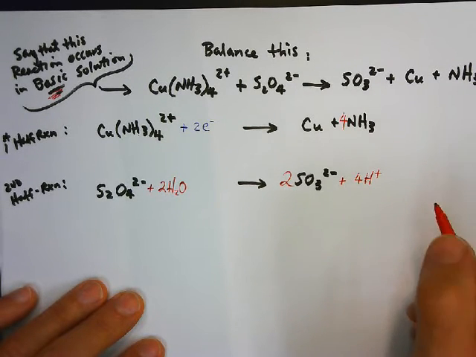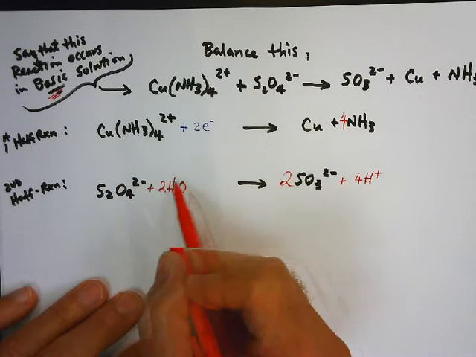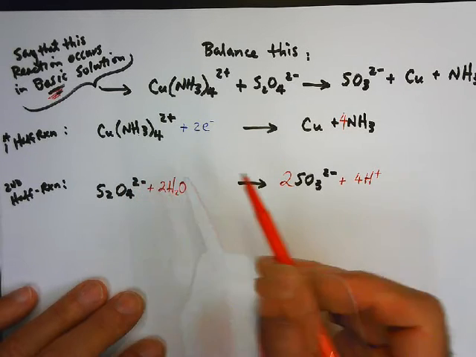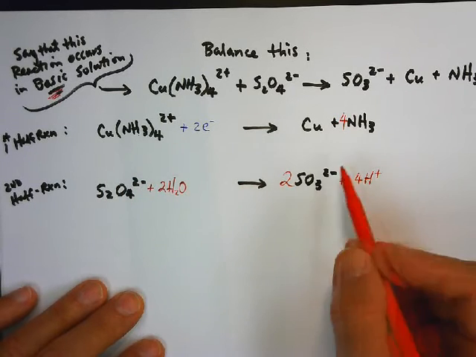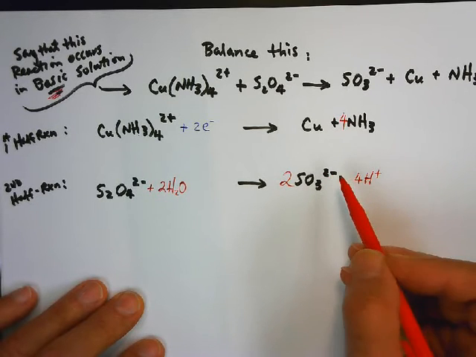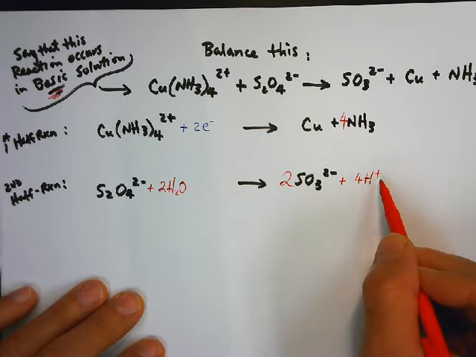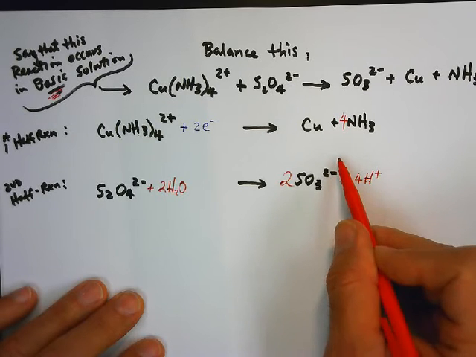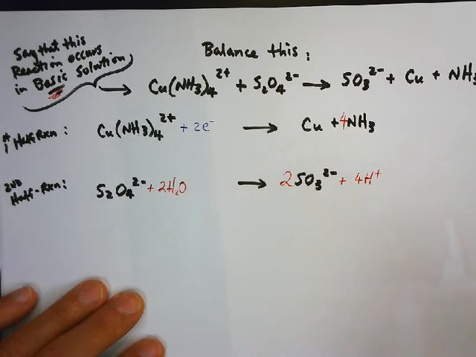But how about the charges? Over on the left we have a total of 0 plus -2, or -2. Over on the right we have 2 times a -2, which is a -4, plus a +4. That gives us 0 over here. So 0 on the right, -2 on the left.